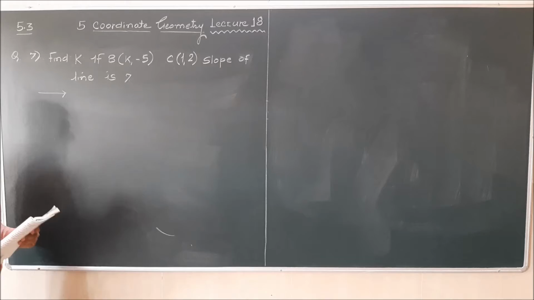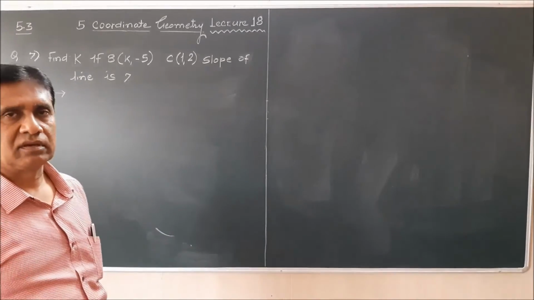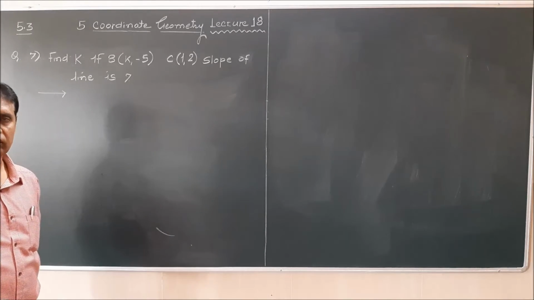There is no difference at all between the previous sum and this sum, because in the previous sum also slope was given and the question was to find out the value of k.